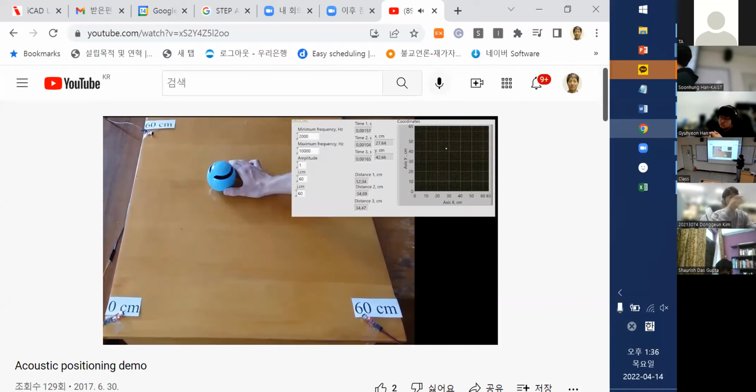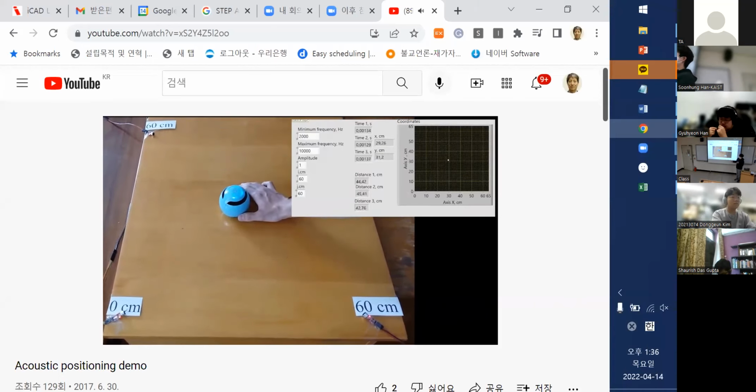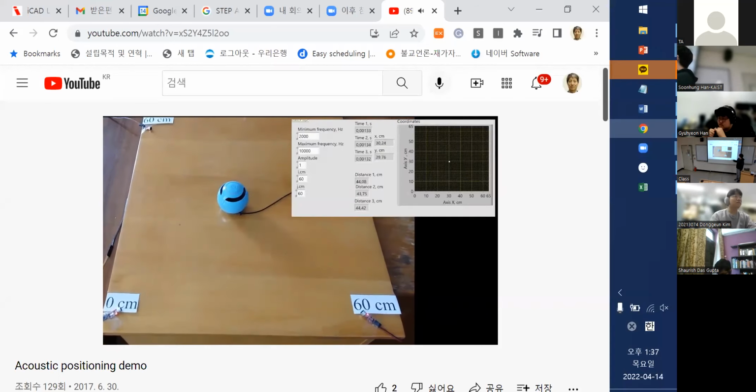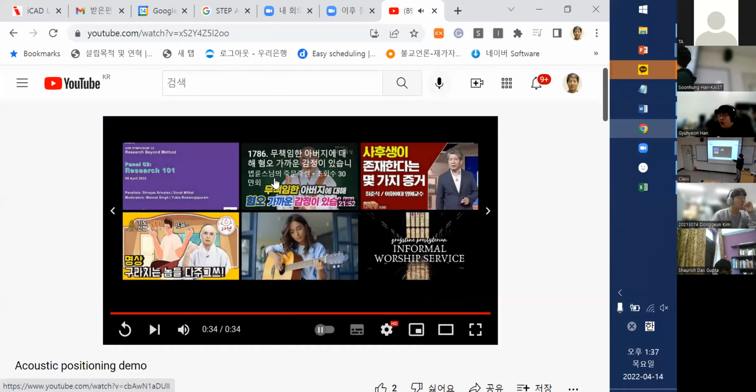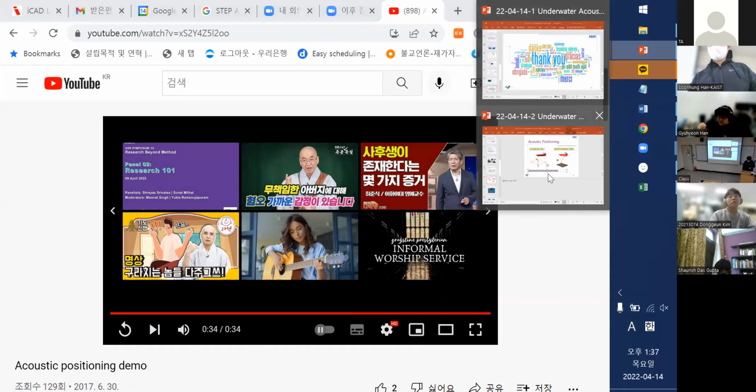So this calculates the time, and by calculating the time, we can know where it is. So we can know where we are.